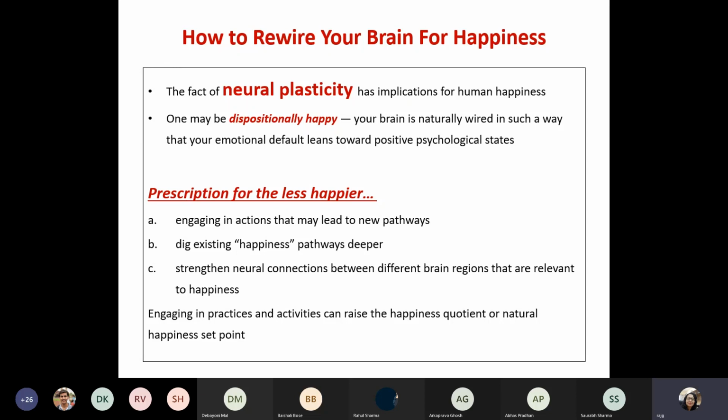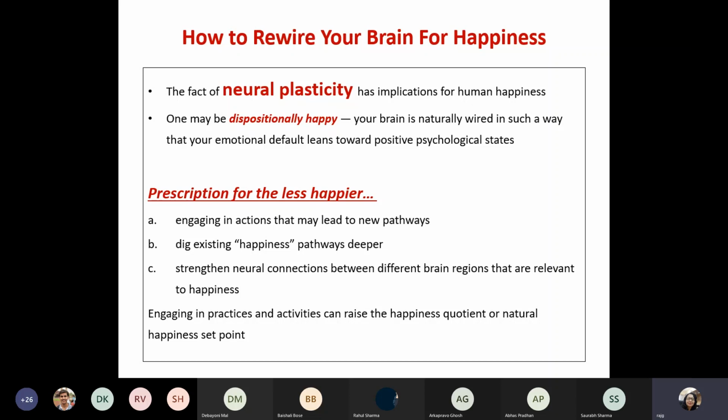That's why it's very idiosyncratic. Idiosyncratic means very unique to the person you are addressing. How I perceive COVID will definitely be different from the way you perceive COVID. So engaging in actions that may lead to new pathways will be very different between what you should try and what I should try.